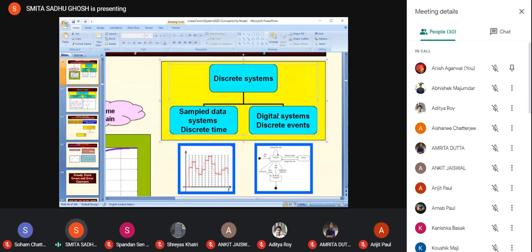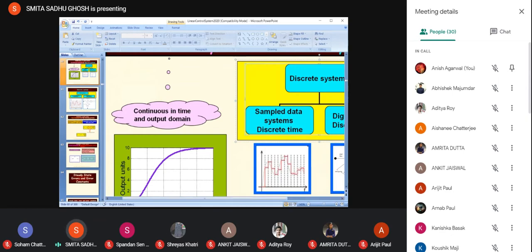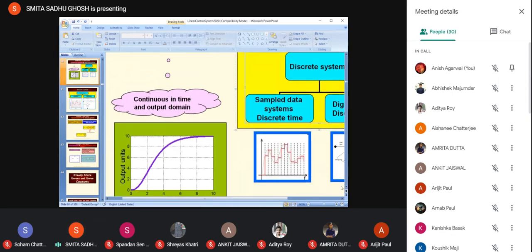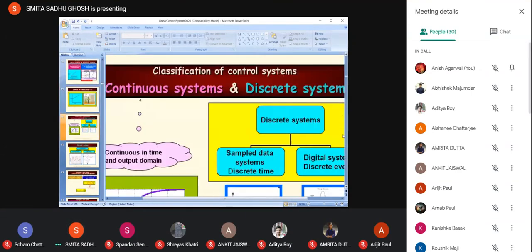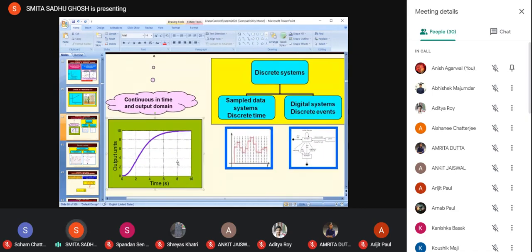On the other hand, the systems in which both the time as well as the output domain are continuous in nature, like the response I've shown over here, this one would be belonging to a continuous time system, in which both the domains, the output domain as well as the time domain, are continuous.